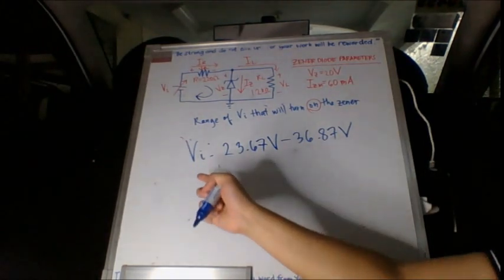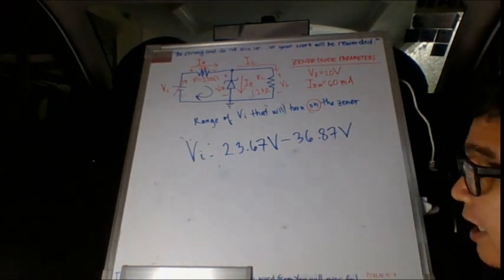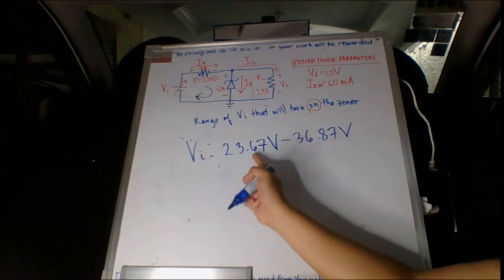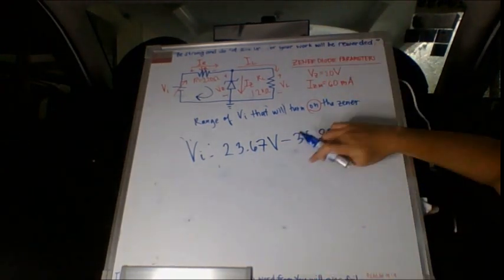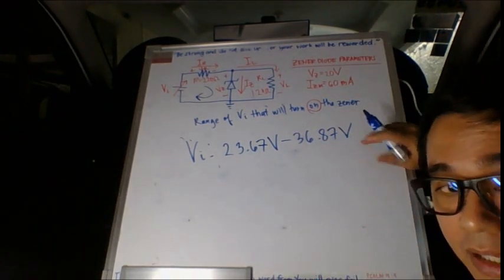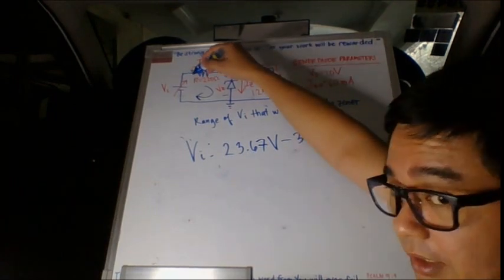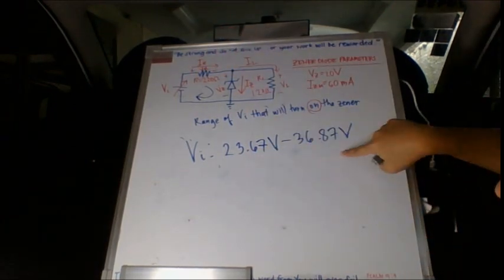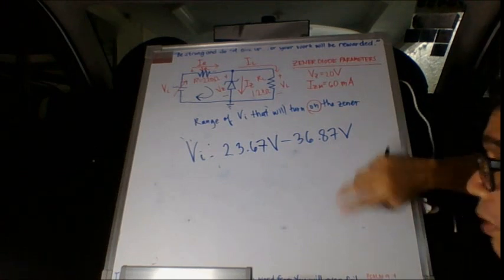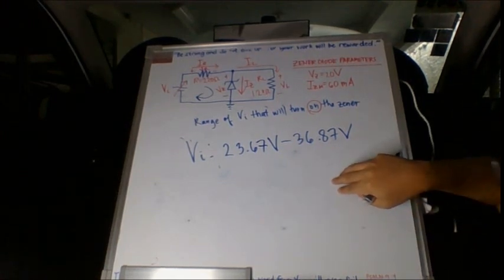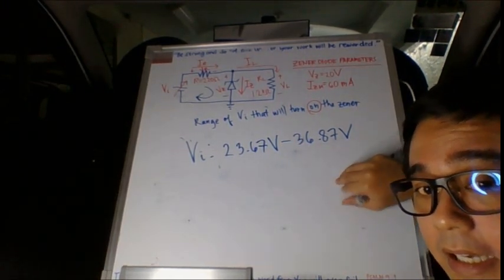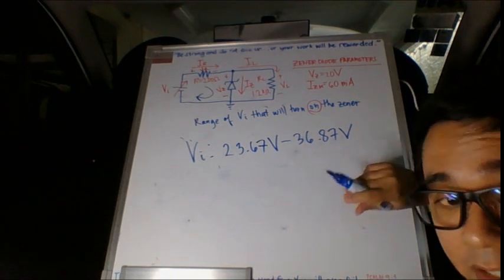Let us now summarize the results of our circuit. We have a range of input voltage sa pagitan ng 23.67 volts at 36.87 volts. Ibig sabihin, yung input voltage natin pwedeng maglaro sa pagitan nitong mga values na to. What if ang input voltage natin ay 30 volts? Pasok ba yun sa circuit natin? Yes, dahil nasa pagitan siya ng circuit na yun.